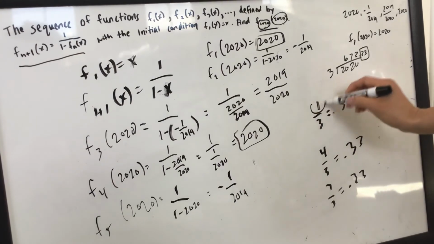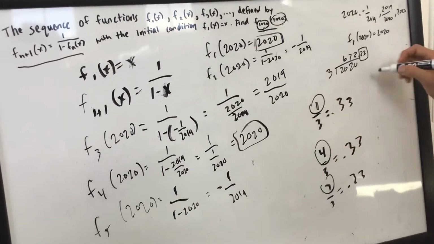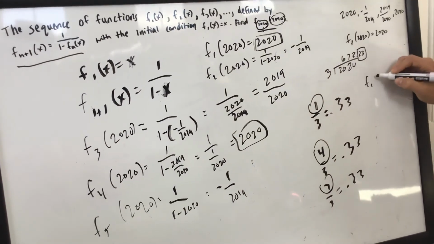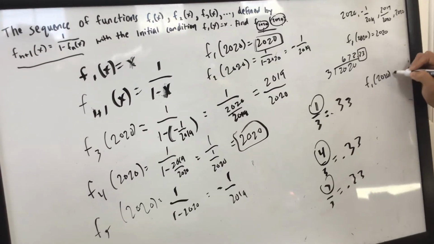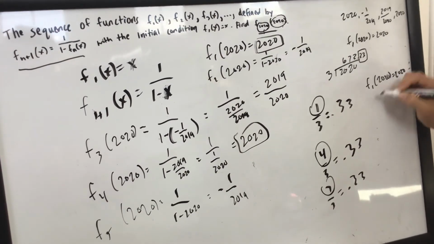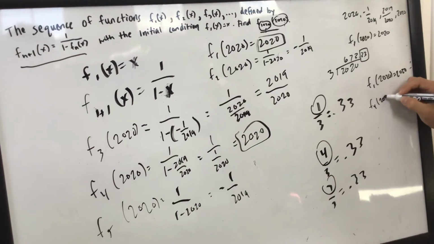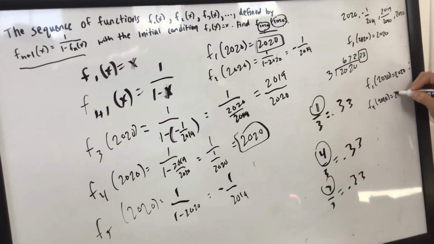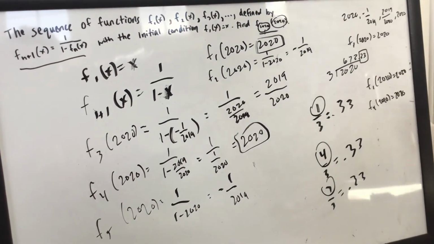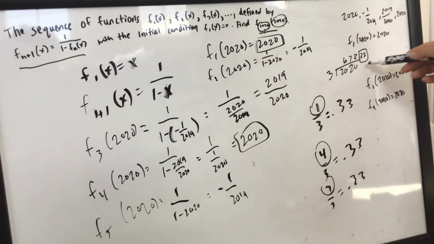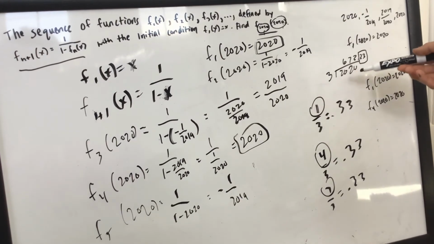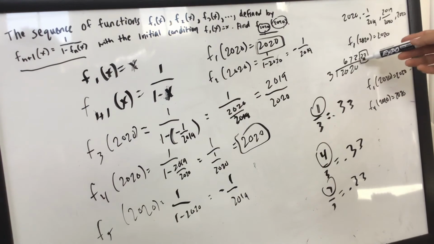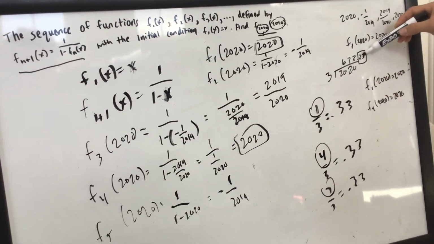But if we use this 1 and we use this 4 and we use this 7 and plug it into f of 1 of 2020, that equals 2020. f4 of 2020 also equals 2020. And we know that this function has to follow in that family because when I did the long division, it ended in a 0.33.